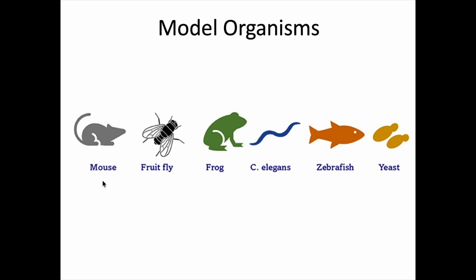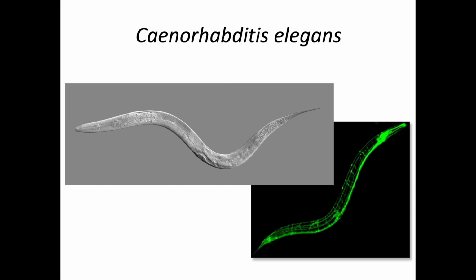Mice and rats are classic model organisms, but among all of this, bam, C. elegans. These worms are very popular as models for studying things because they're easy to take care of, they grow quickly, and they're really easy to manipulate genetically.